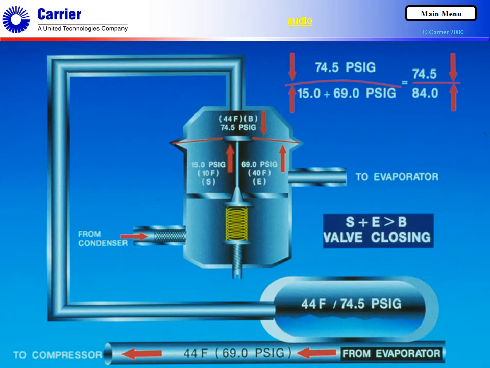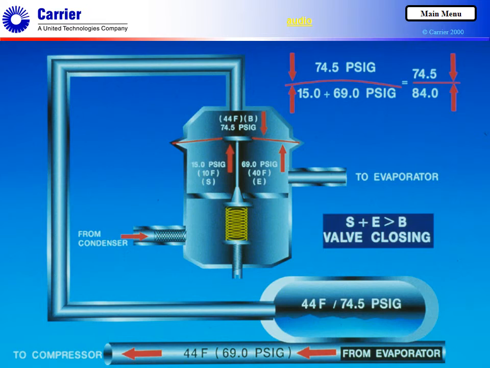Within the sensing bulb, a 44 degree Fahrenheit saturation temperature will produce a pressure of about 74.5 psig above the diaphragm. The pressure below it is still 15 psig spring plus 69 psig evaporator, which equals 84 psig. This pressure difference will cause the diaphragm to bend upward, moving the needle toward the closed position.